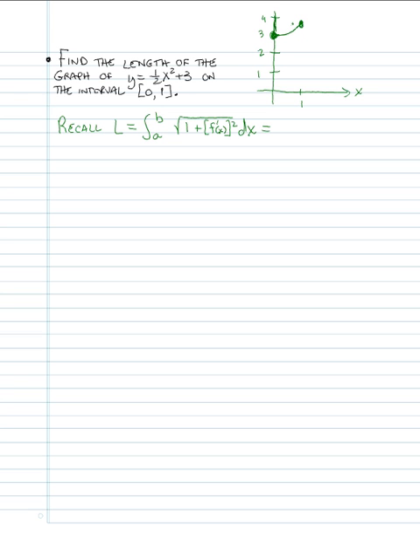Now, in the case that we don't have a function by the name of f, we can also use the notation derivative of y with respect to x. So it's the integral from a to b of the square root of 1 plus the derivative of y with respect to x, squared, and we're taking the integral with respect to x.